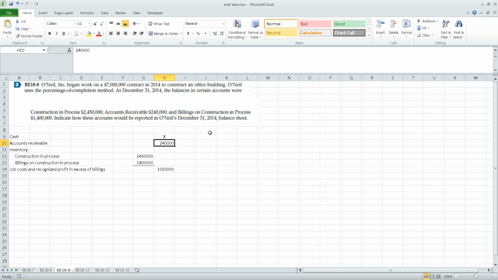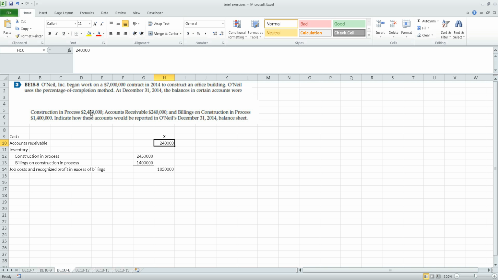The real crux of the issue here is knowing how to handle the balance in this construction in process account that has a debit balance of $2,450,000 and the balance in the billings on construction in process account that has a credit of $1.4 million. I know that the construction in process account has a debit balance because that is an asset account.